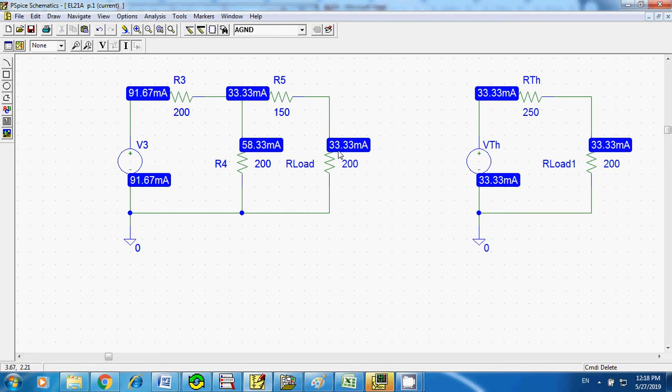So this has 33.33 milliamp. That's the current flowing through the load. You cannot change this one. So I already showed you how to find VTH, and how to find RTH. Okay, hopefully this one is clear for you.